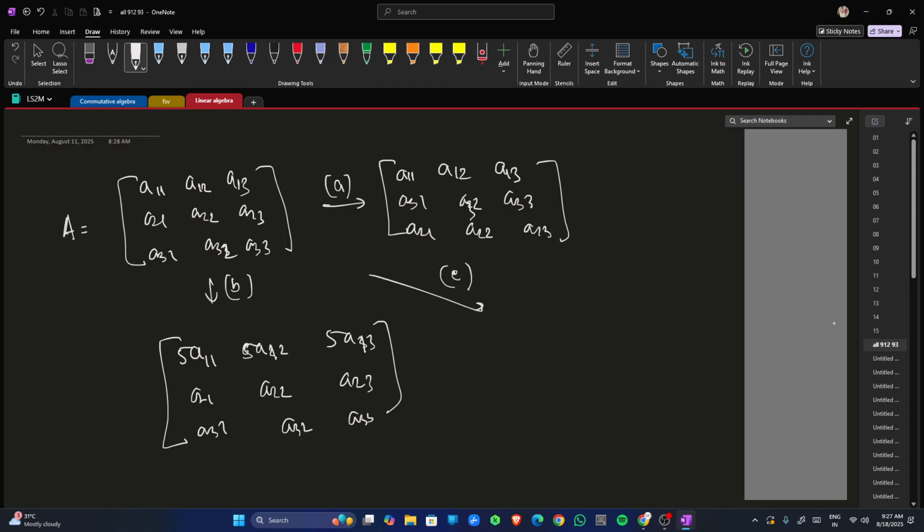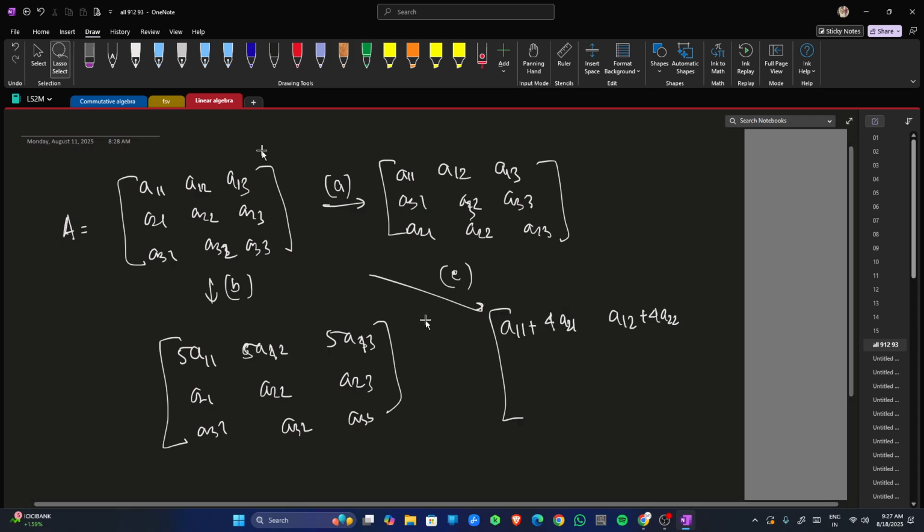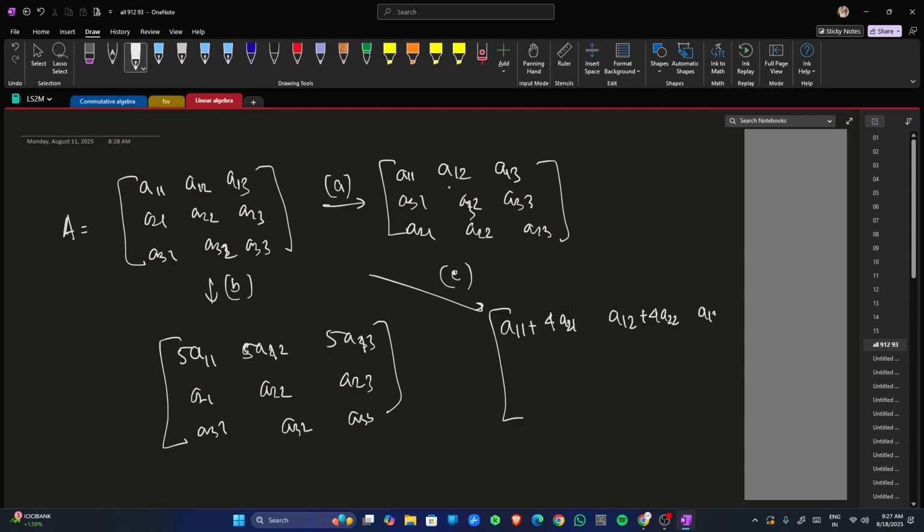If you apply C, multiply any non-zero number, say I want to multiply the second row by 4 and then add it to the first one. So a11 plus 4a21 is the first entry, a12 plus 4a22, and a13 plus 4a23.